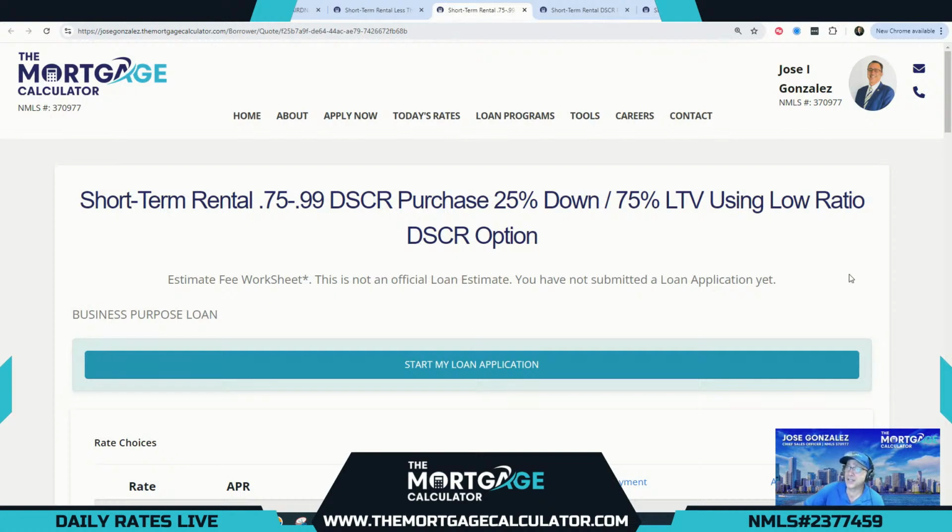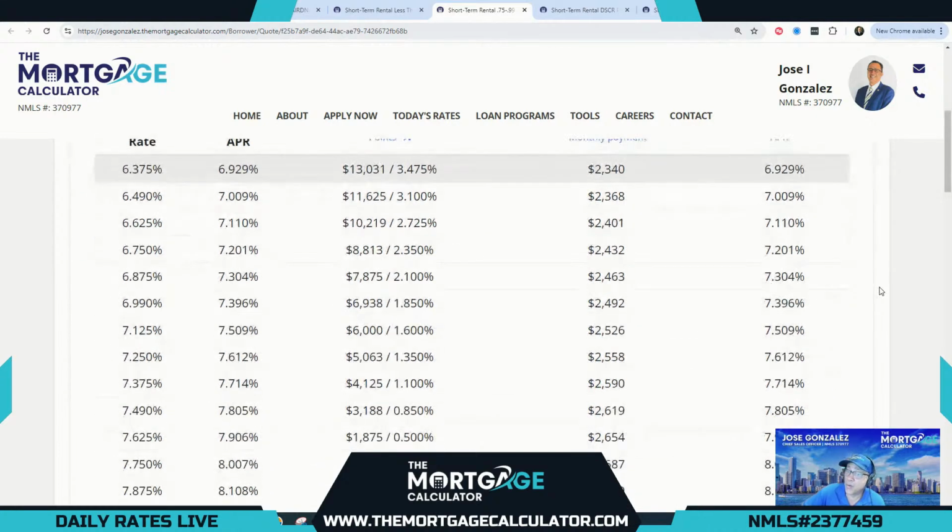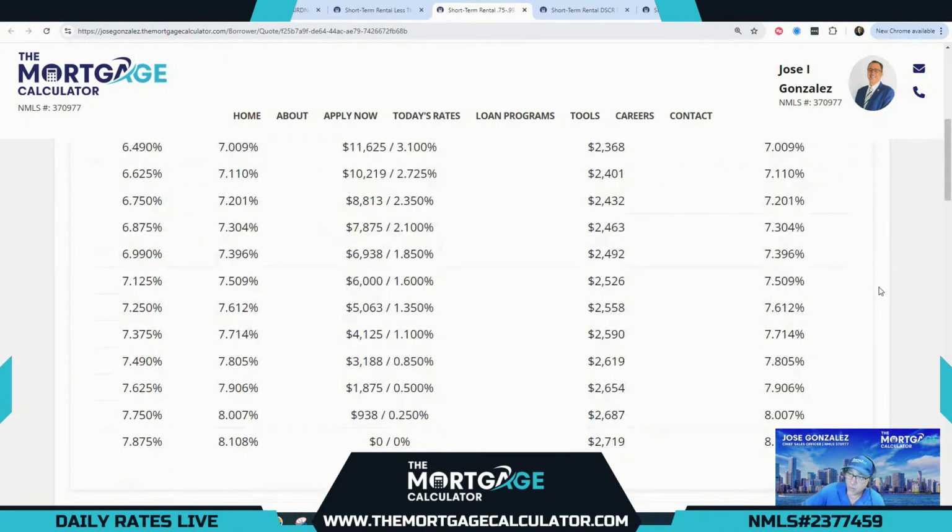This is where the acceptable debt service coverage ratio would be 0.75 to 0.99. And if that is the case, 25% down will allow the borrower to qualify with less than 1.0 DSCR.